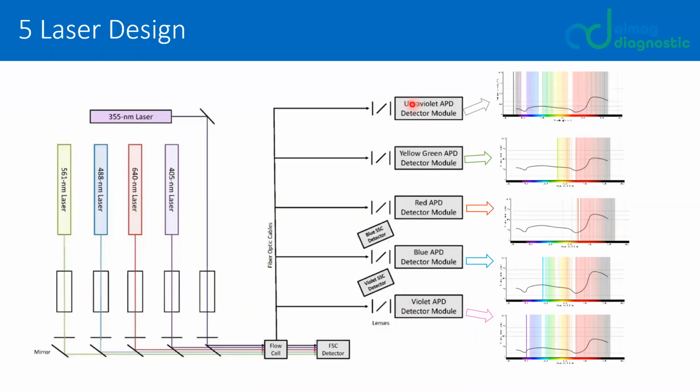For the UV and the violet laser, we have 16 detectors. We have 14 for the blue, 10 for the yellow-green laser, and 8 for the red laser. Another important thing to mention is that we have 2 side scatters in this configuration. We have side scatter on the blue, and we have violet side scatter for small particles.